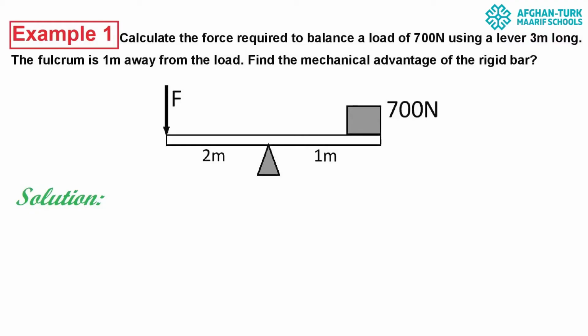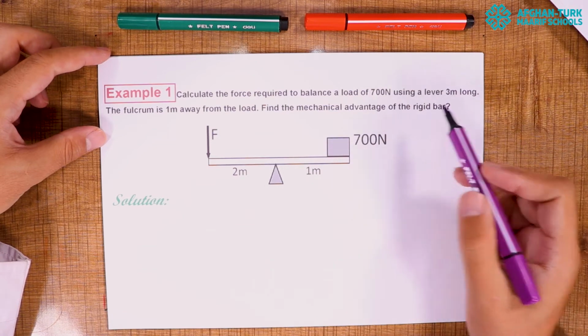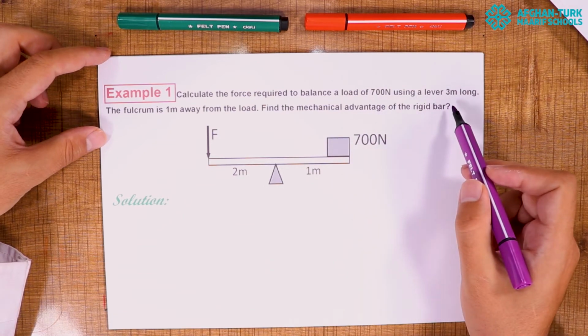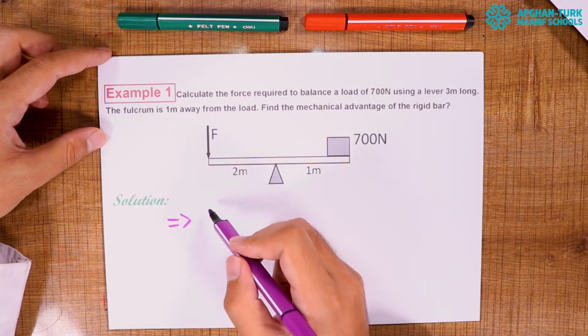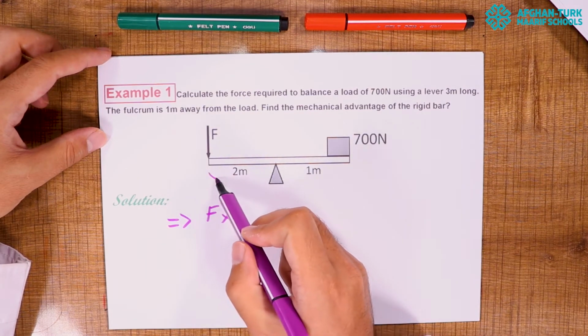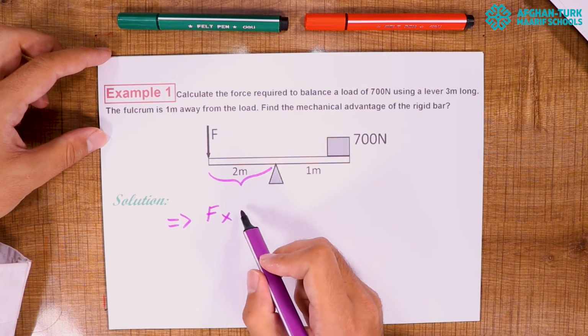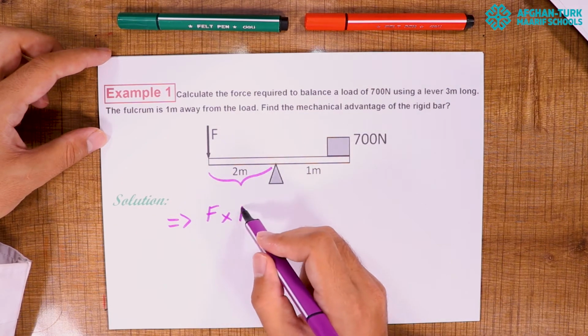Okay, let's continue with an example. The example says, calculate the force required to balance a load of 700 Newton using a lever 3 meter long. The formula was force times the distance to the fulcrum from the force. So that means 2 meter, and let me write like this.